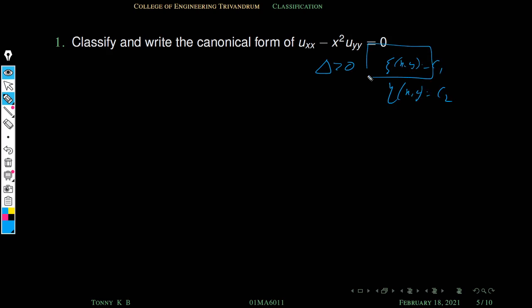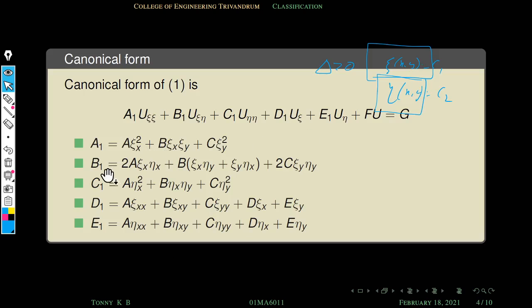We choose the first function as psi and the second function as eta. These are the two transformations to convert the given PDE into a new PDE with respect to the new variables psi and eta. Then, using psi and eta, we can easily evaluate all these coefficients a1, b1, c1, d1, e1.